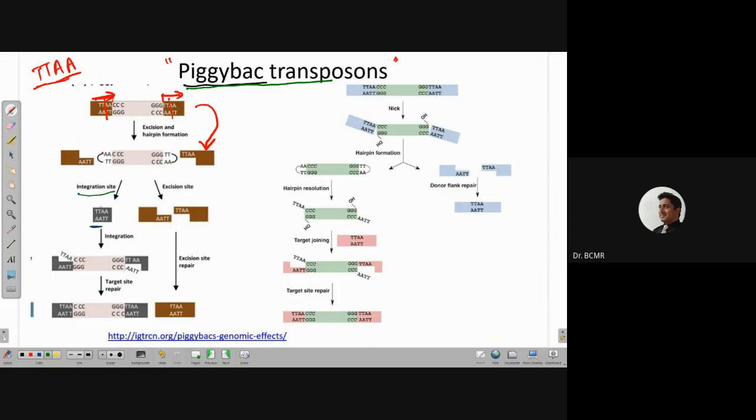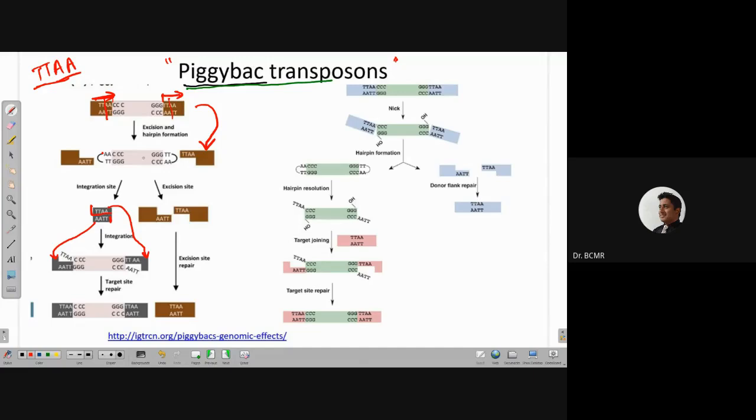In the new integration site, it is going to make a cut here and here. So it is going to make a cut like this and separate. So the lower strand is here and the top one is in here.